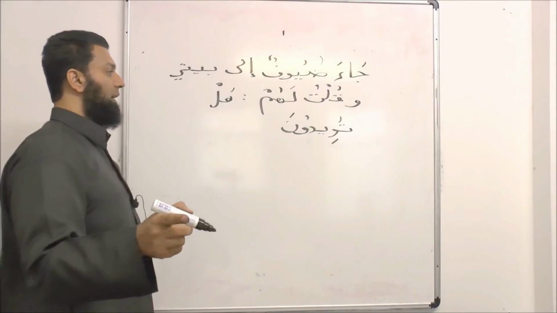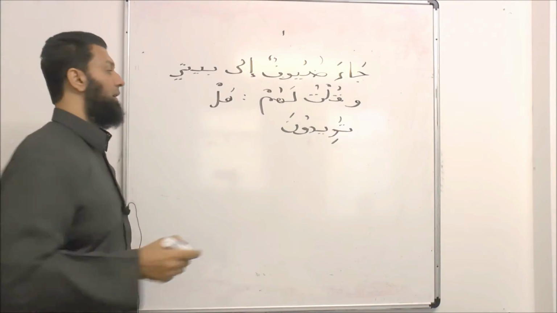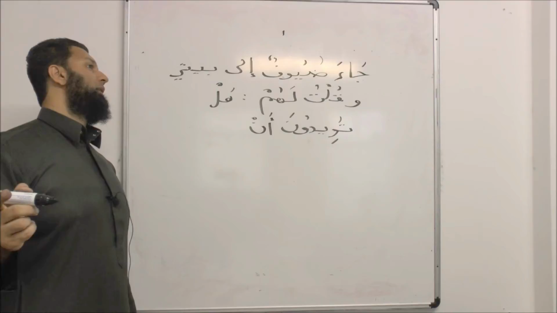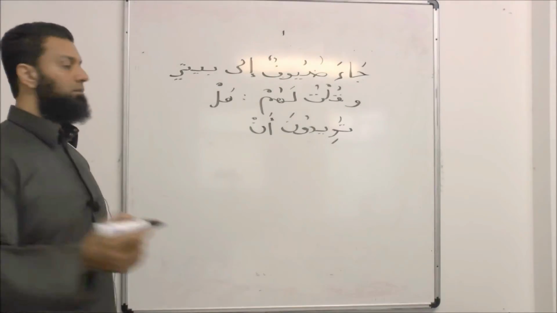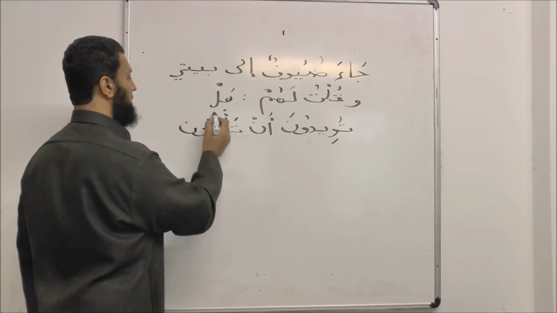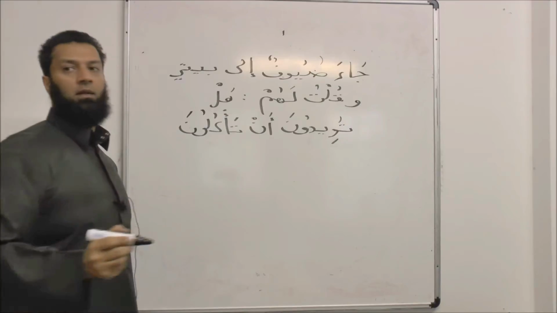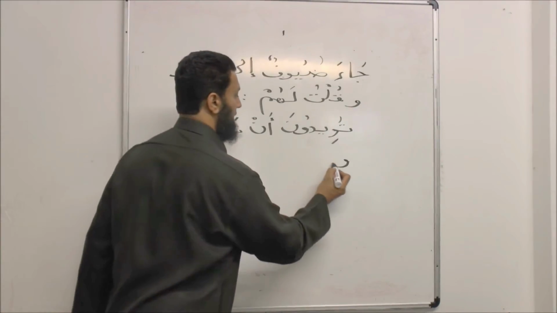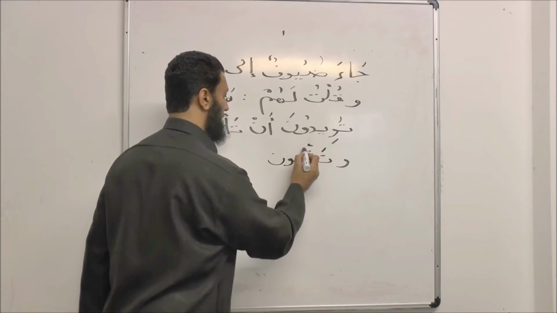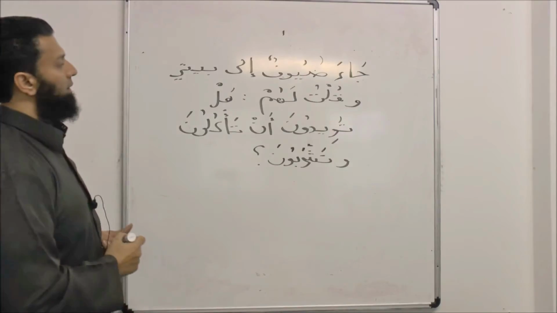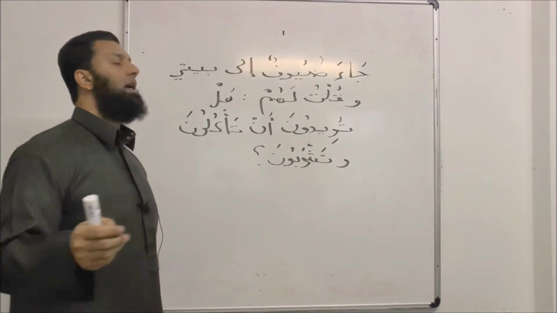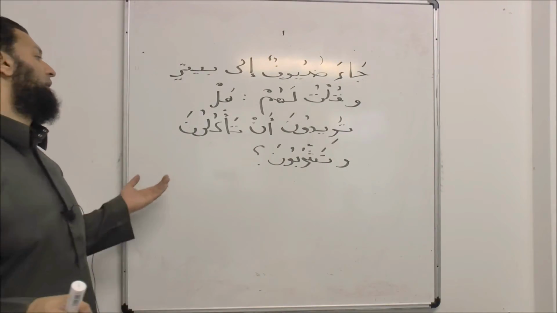We need to have the an to connect the two verbs. An ta'kuluna, wa tashrabuna. Right. جاء ضيوف إلى بيتي وقلت لهم هل تريدون أن تأكلون وتشربون.